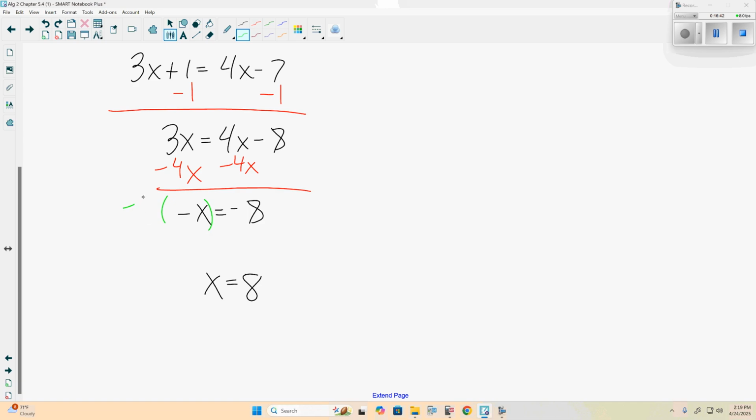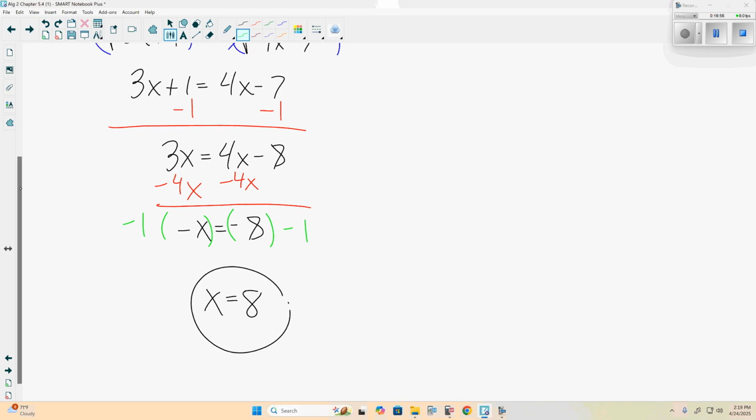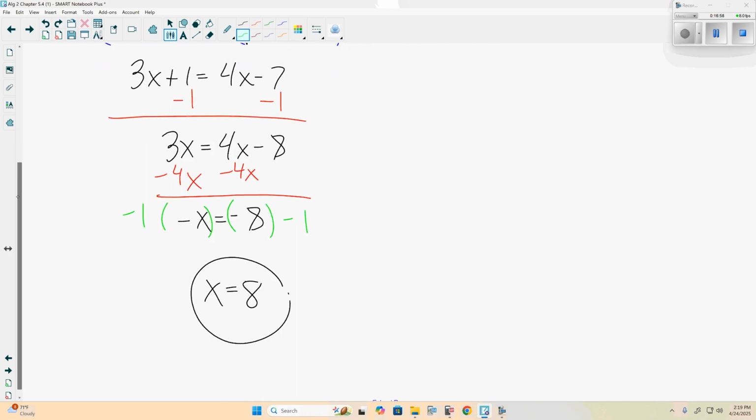Or we could say that we multiply both sides by negative 1. Negative x times negative 1 is x. Negative 8 times negative 1 is 8. We could also divide both sides by negative 1. But either way, we get x is equal to 8. Questions on this here?